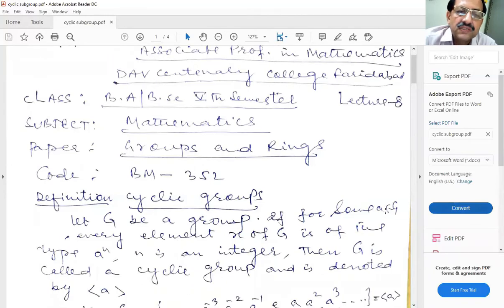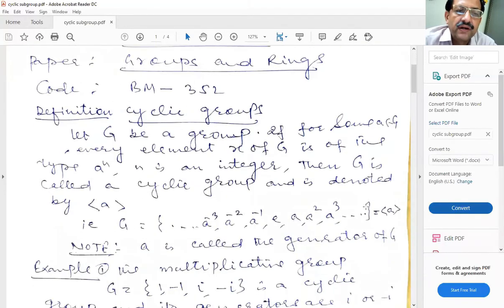Now, cyclic group. Definition: let G be a group. If for some a belonging to G, every element x of G is of the type a raised to power n, where n is an integer, then G is called a cyclic group and denoted by the symbol within brackets, angle bracket a.